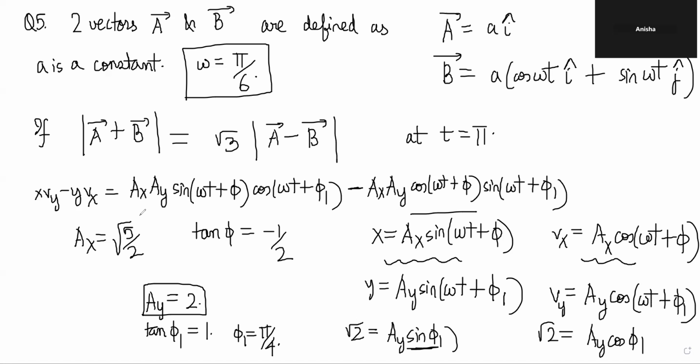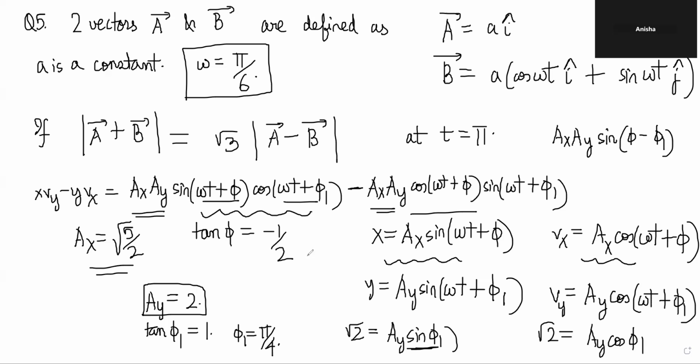Yes, sir. Ax Ay can be taken as common, and notice this is sine c cos d minus cos c sine d, right? Yes, sir. Sine of this minus this, right? So it is sine of phi minus phi 1, right? Yes, sir. Ax Ay product, if you see, it is root 10, correct?